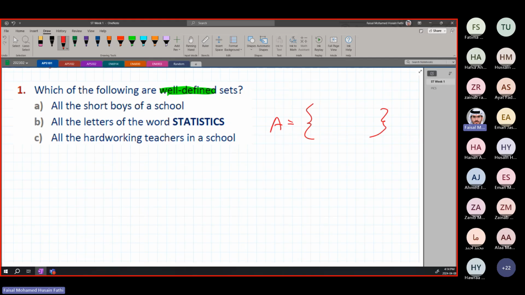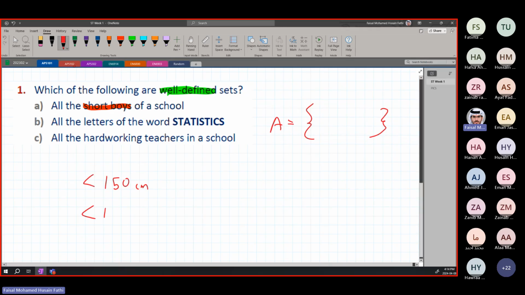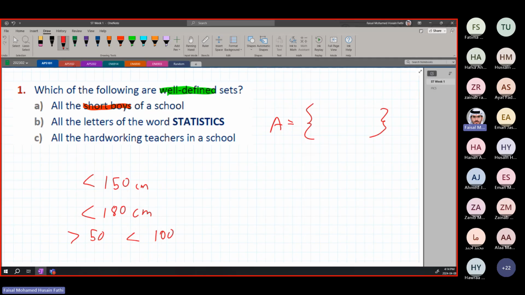Then this is not a well-defined set, because you don't know what you mean by short boys. We did not define short boys meaning less than 150 centimeters, or less than 180 centimeters, or greater than 50 but less than a specific amount like 100. I don't know. And for an example, we did not define this. So this is not a well-defined set. We cannot write it in this form.